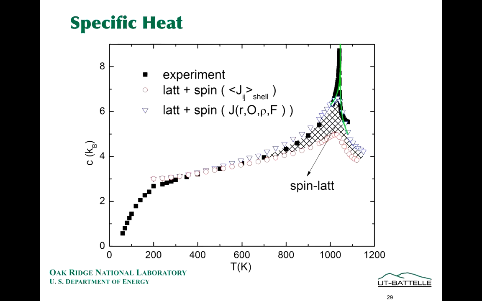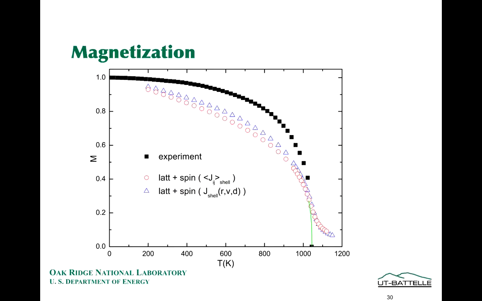And to be able to identify this, we really needed large-scale first principles calculations to discover this interaction, as well as advanced Monte Carlo calculations on this model to do this evaluation at this level.